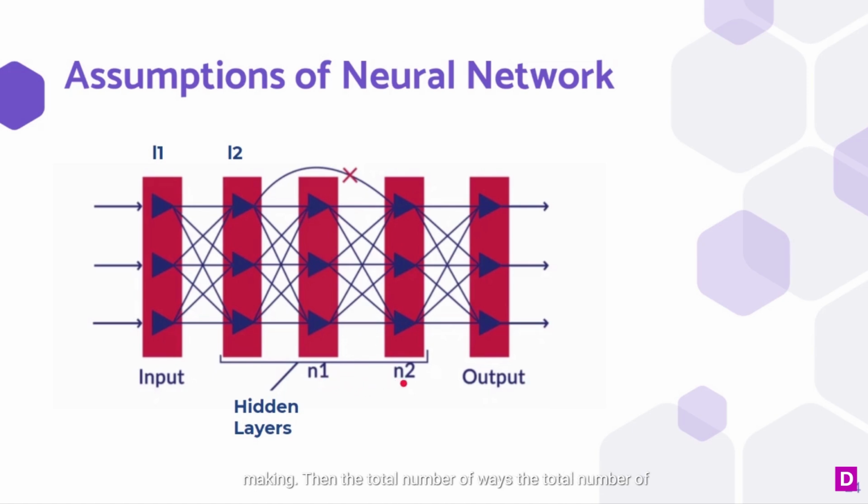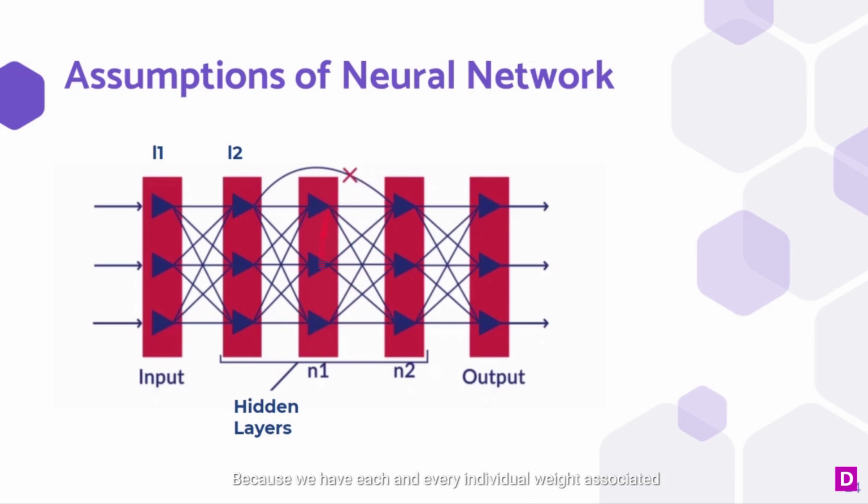Then the total number of weights in an interconnection: say we have n1 neurons in layer 1 and n2 neurons in layer 2, then the number of weights we will end up with is n1 times n2, right?